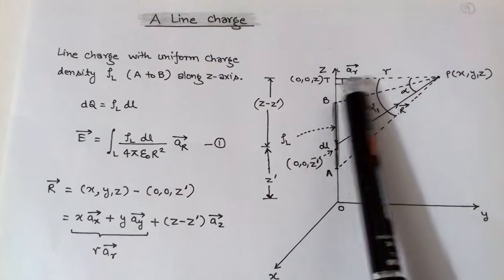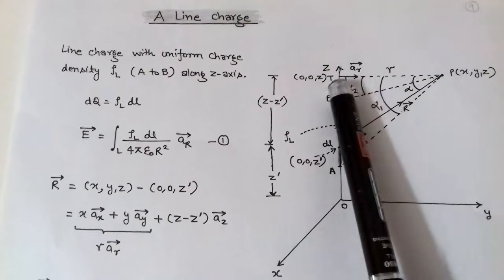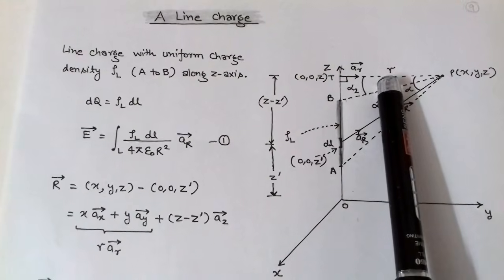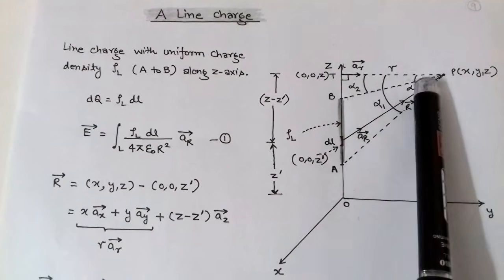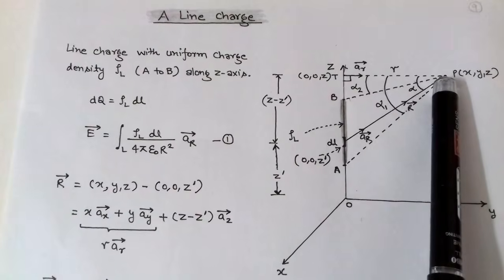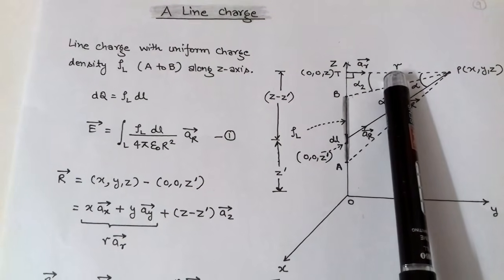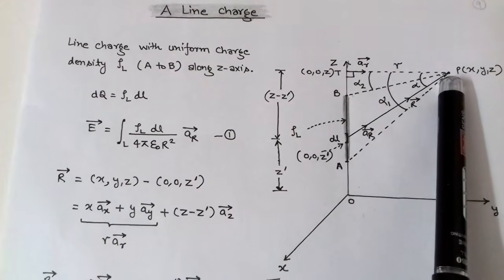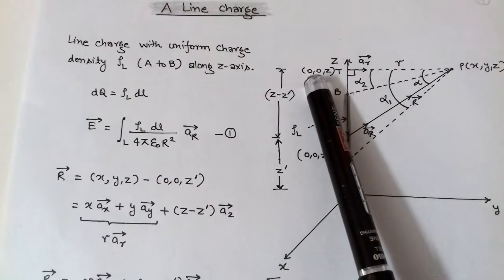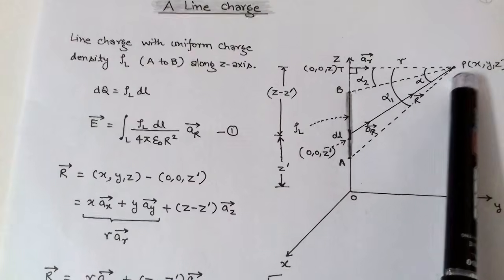For this, there is a distance r, small r, that is for TP. Now this distance r has a position vector r vector. Now the position vector r is xyz minus 0 0 z.